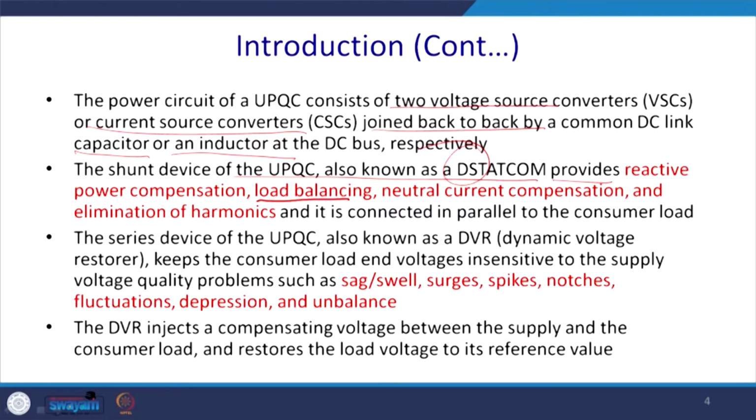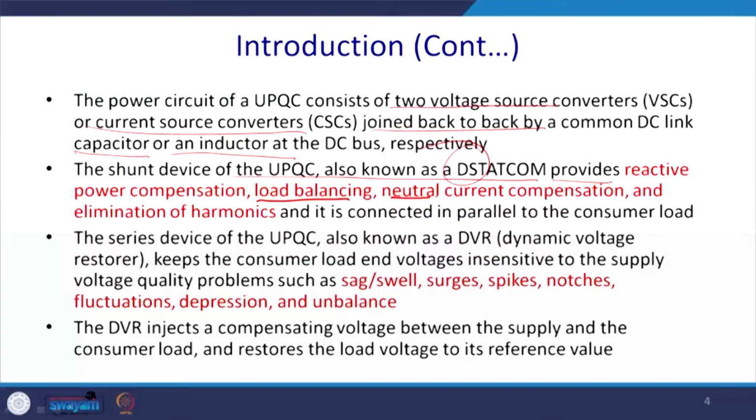If the load is unbalanced, then it can balance the load, even single phasing, and neutral current compensation. If it is a 3-phase 4-wire system, this case arises, so neutral current can be compensated by this D-STATCOM, along with elimination of harmonics, which is mostly the task of the shunt active power filter, and it connects in parallel to the consumer load.